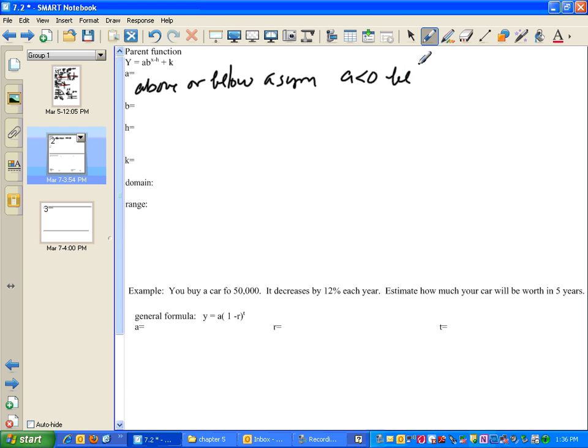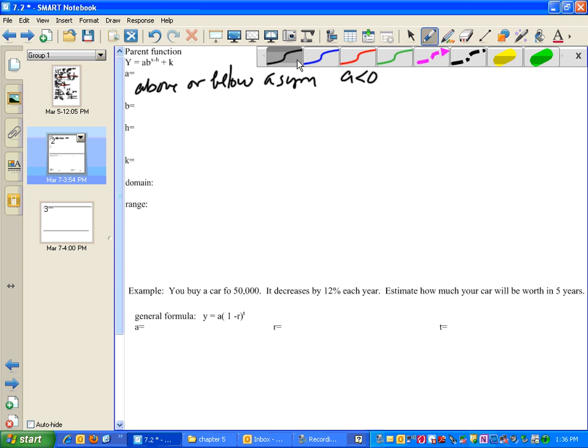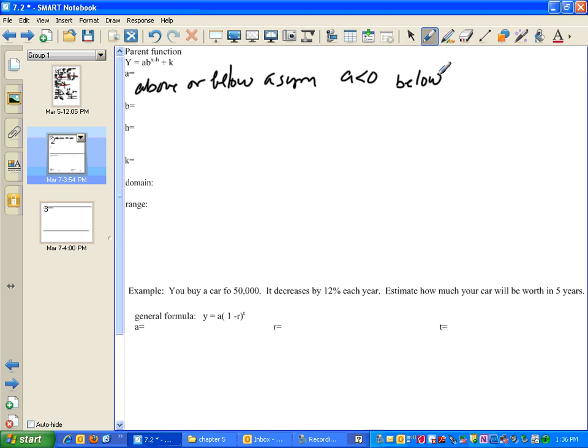Below, because that means it's negative, right? And if A is greater than 0, then we know we are above the asymptote. So we're negative here and we're positive here.